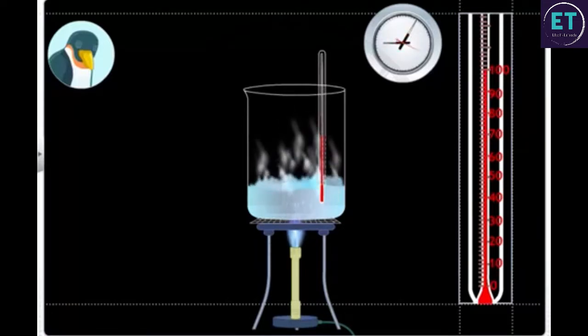Observe that the water has started to boil and steam is rising from its surface. Also notice that the temperature has stopped rising. It is now steady at 100 degrees Celsius.